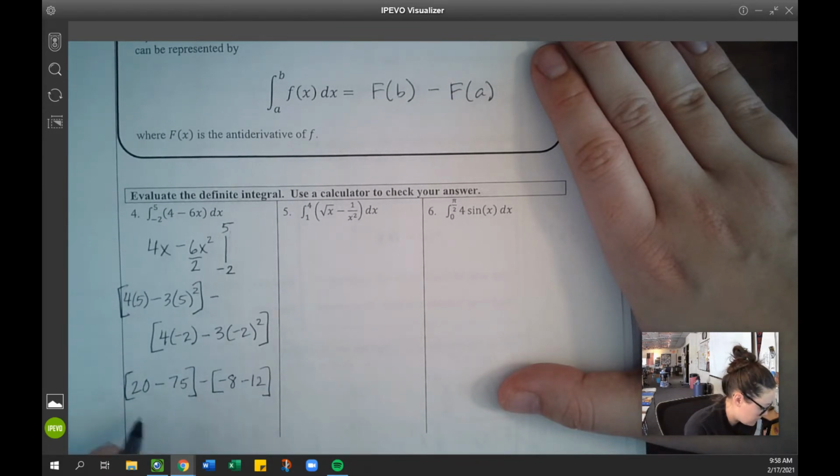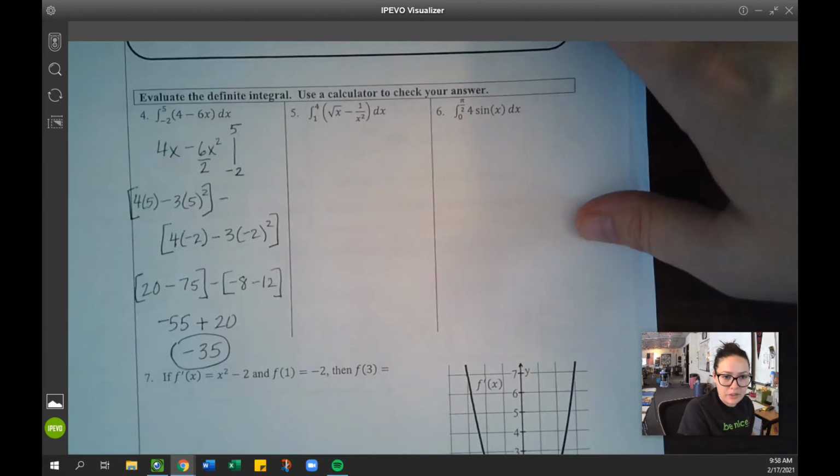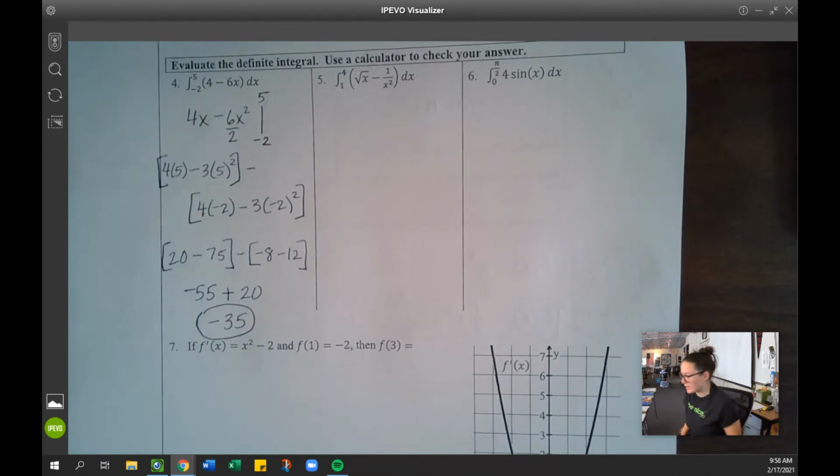So what is that? Negative 55 minus negative 20. So plus 20 gives me negative 35. Let me go grab my calculator real quick and we will check this.